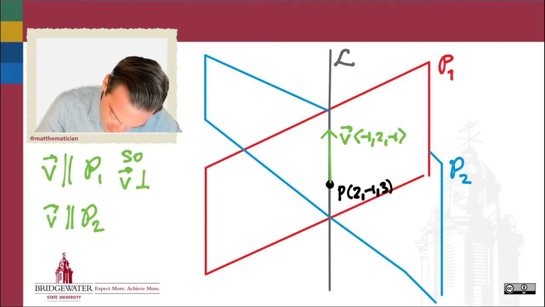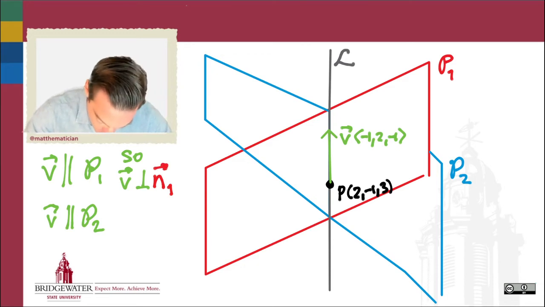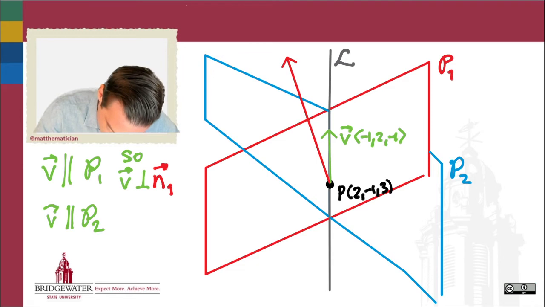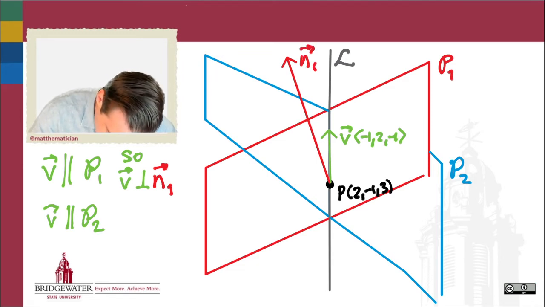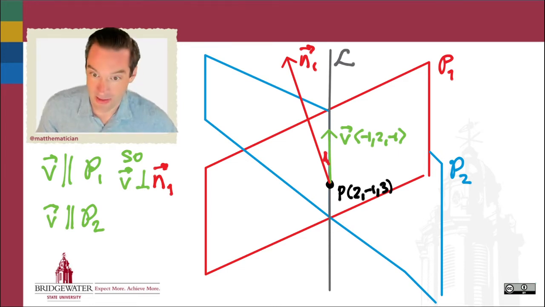Yes, being perpendicular to the normal vector to each of those planes. So V needs to be perpendicular to the normal vector to plane number 1, whatever that normal vector happens to be. So let me sketch that normal vector into our picture here. So maybe this is my N1. And so V needs to be perpendicular to that vector, little right angle in there.